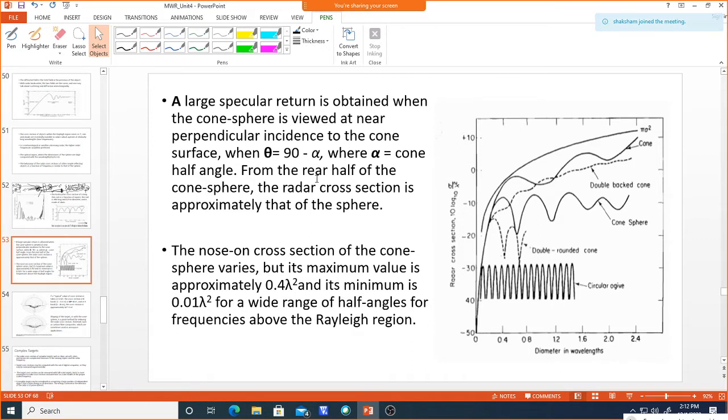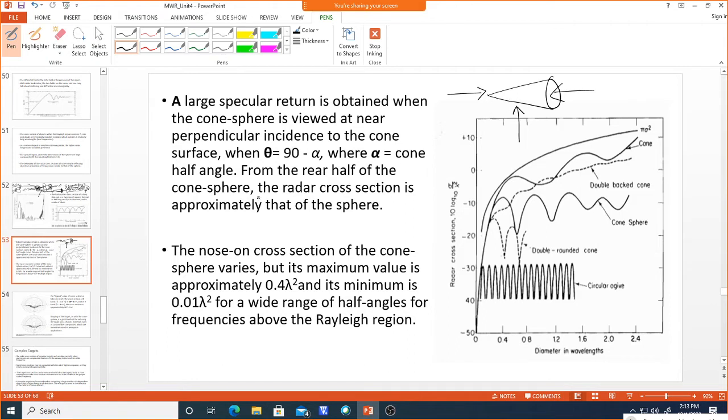Also here you can see the incidence. It is very important whether you have perpendicular incidence or not. For example, for this cone, whether the incidence is at this point, or at this point, or perpendicular to this surface, that decides the RCS, and it will vary with respect to the incidence.